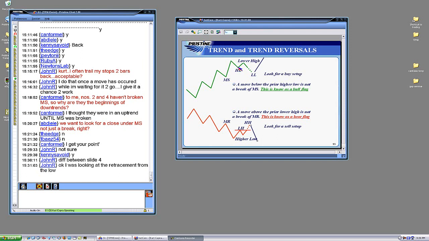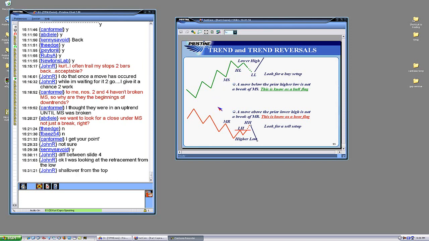Yeah, no, from the high to this, where this tries to stabilize. That's the difference I'm talking about. So this retracement here is only about, we'll say 40%. Right, exactly. It's much shallower from the top. That's the difference that I want you to focus on.